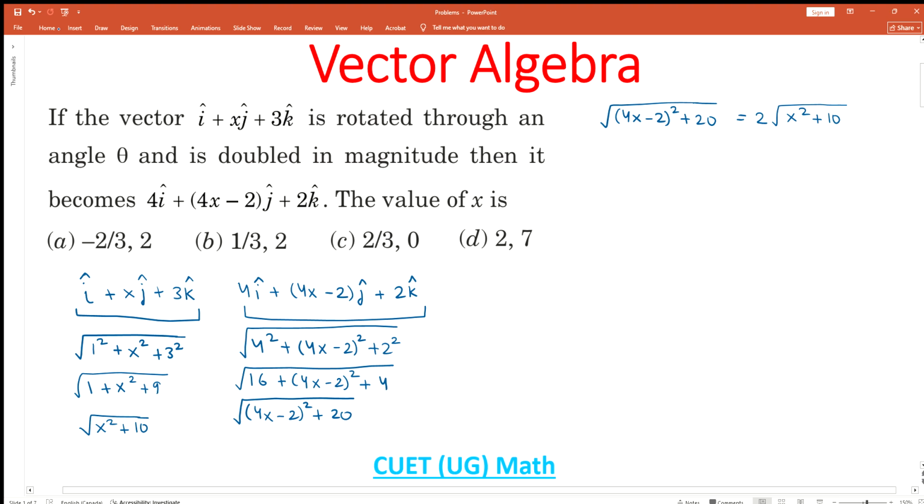The first step is to apply square to both sides to get rid of the square root on both sides. I get (4x minus 2) squared plus 20 equals 4 times (x squared plus 10). Next, we can expand the term (4x minus 2) squared. We should multiply 4x minus 2 by itself.